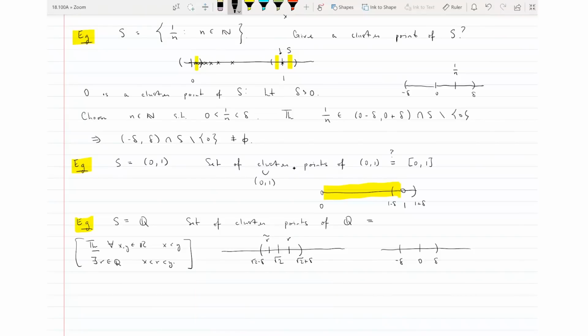By this theorem, right? We can also use the theorem to find a rational in this interval as well. So no matter if it's square root of 2 or any irrational number, no matter if it's a rational number, everything is a cluster point. So the set of cluster points of the rational numbers is equal to R. Okay? Is that clear?